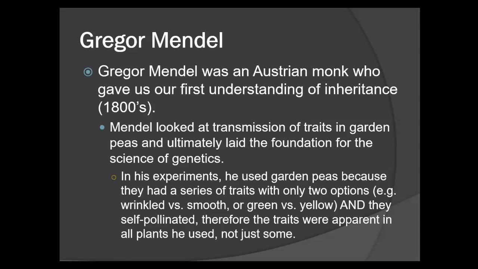Yes, there were microscopes around, but this was long before we had an understanding that it was actually DNA that was the mode of inheritance that passed genetic information from one organism to another. He really didn't have an idea about that. But what he did is he studied pea plants, literally garden pea plants. He looked at the transmission of traits in these pea plants, and ultimately he laid the foundation for the science of genetics.